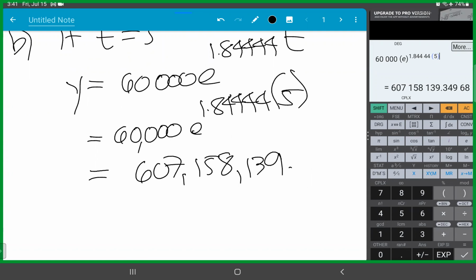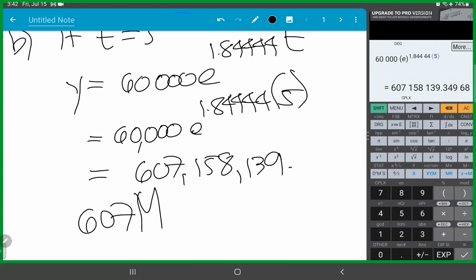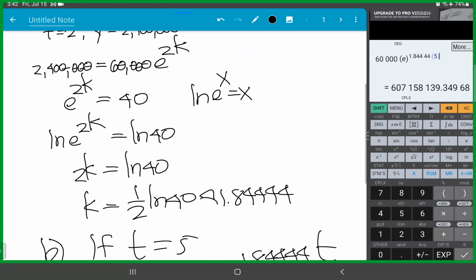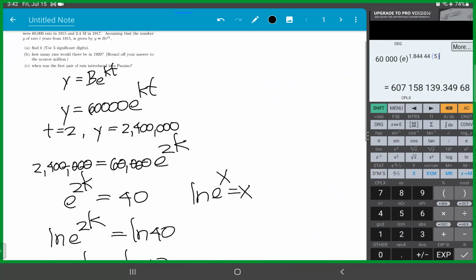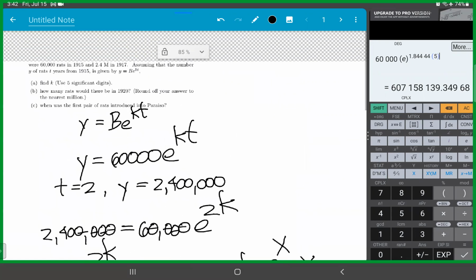Pero we are to round this off to the nearest million. So 607 million. There, that's the answer for letter B. Any questions so far? Just unmute your microphone para makita yung chat. Kasi minsan hindi ko magalaw yung control yung Zoom.